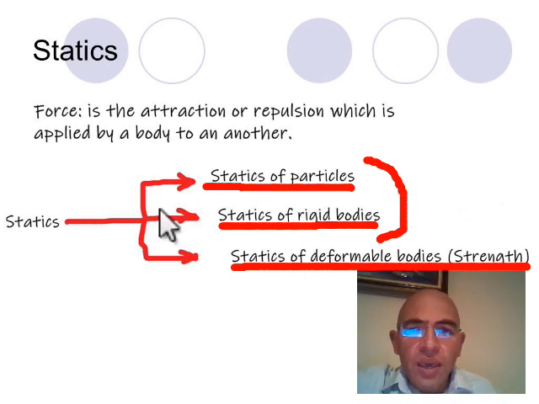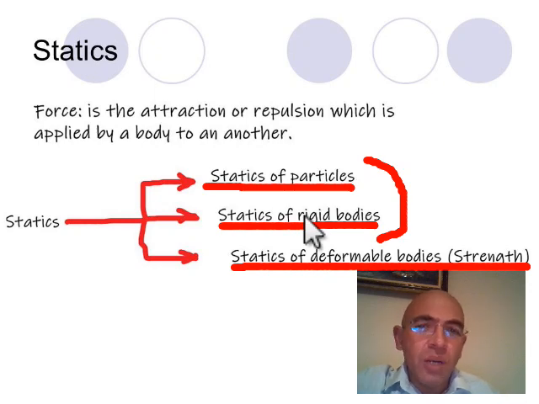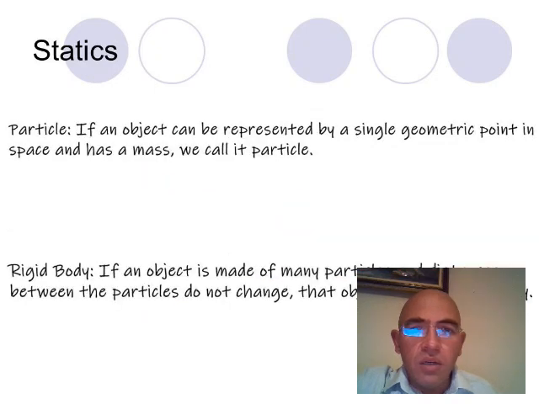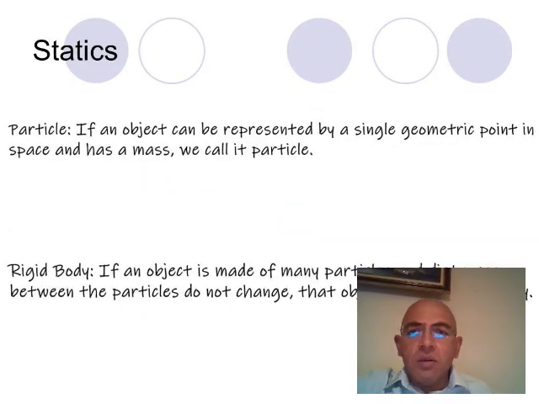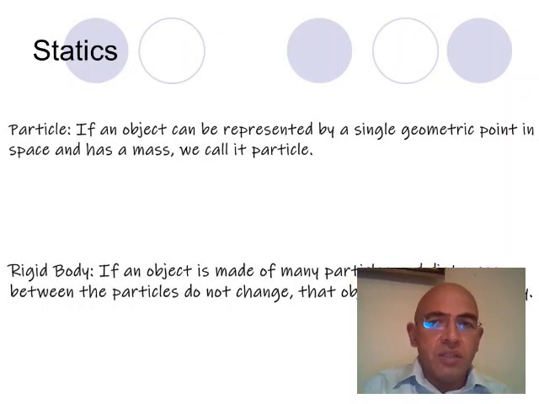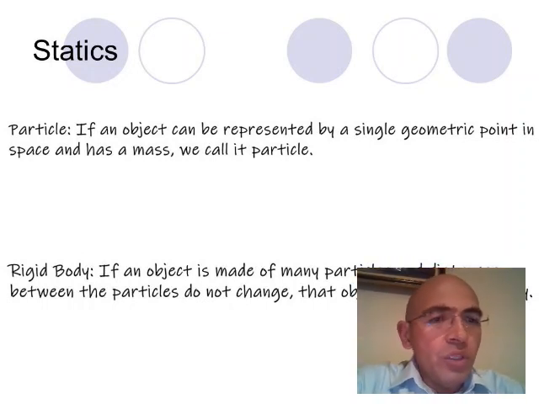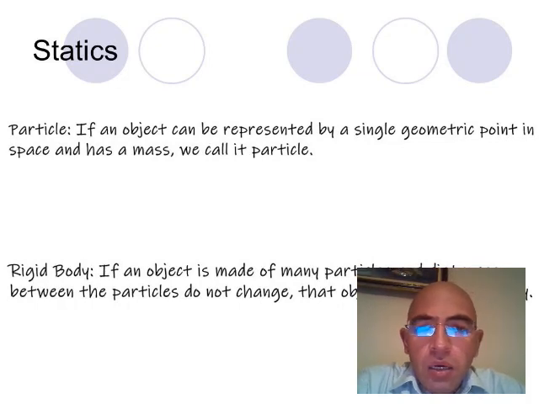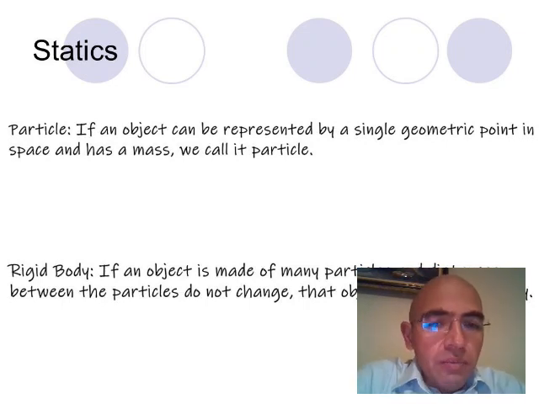Now we have made the definition. We haven't made the definition of the rigid body and particle in detail, we talked about it, but we will make it. So we have two new things: what is a particle and what is a rigid body. Okay, so if an object can be represented by a single geometric point in space, then of course it should have a mass. I forgot to tell it. We call it a particle.